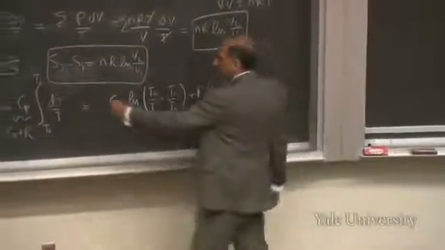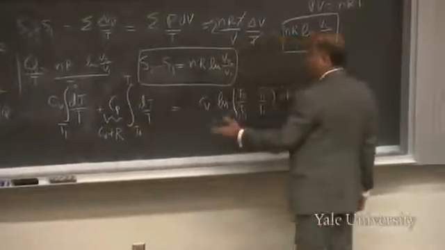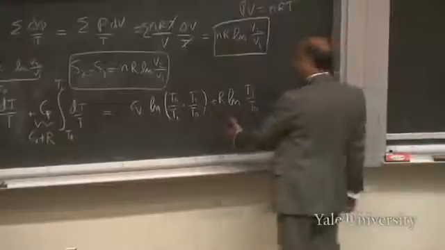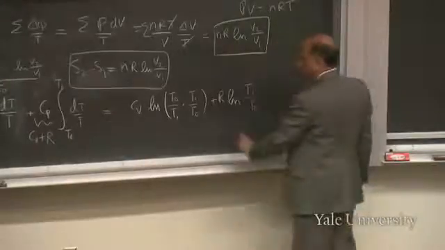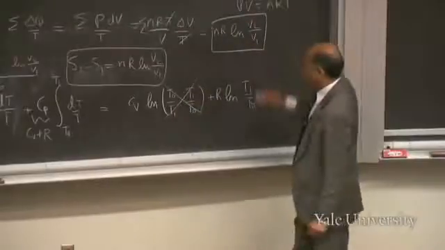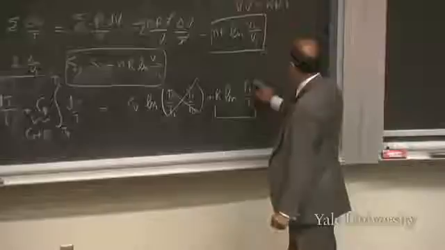In other words, this log is log of T0 over T1. The next log is log of T1 over T0. And log A plus log B is log of AB. But when you do this, look what happens here. This all cancels. Log of 1 is 0. So total entropy change is R log T1 over T0.